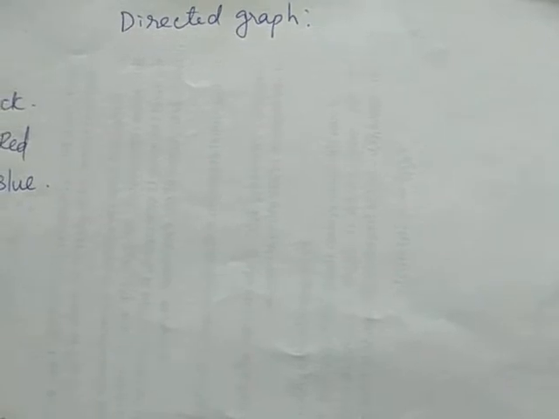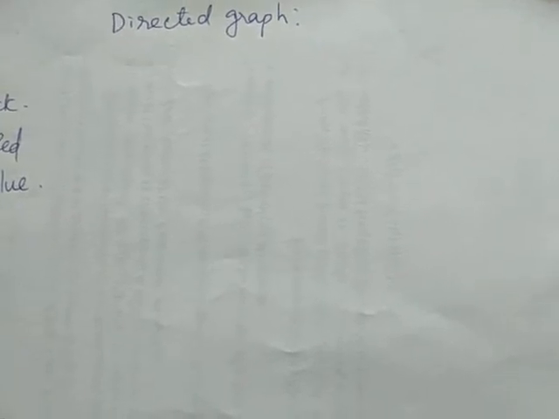And if the edges are directed lines, then it is said to be a directed graph. If the edges are directed lines from one vertex to another vertex, we call it an arc incident to a vertex.